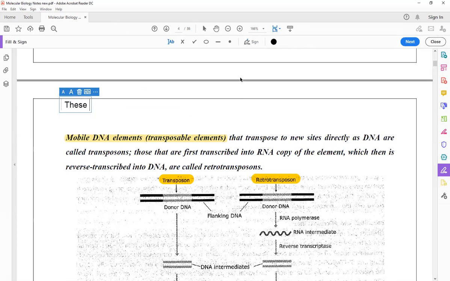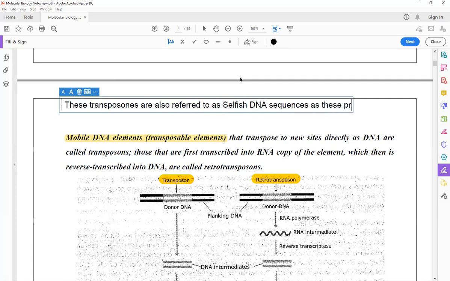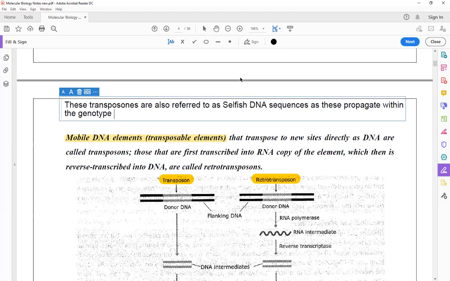These transposons are also referred to as selfish DNA sequences, as these propagate within the genotype without contributing anything in the phenotype.